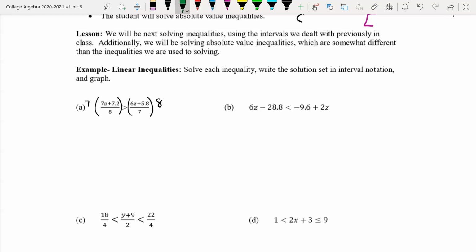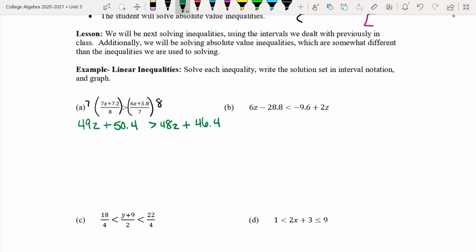That makes the bottoms cancel, so I just write the top. 7 times 7z is 49z, plus 7 times 7.2 is 50.4, is greater than 6z times 8, which is 48z, plus 5.8 times 8, which is 46.4.